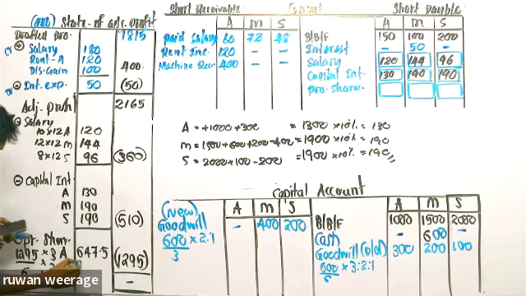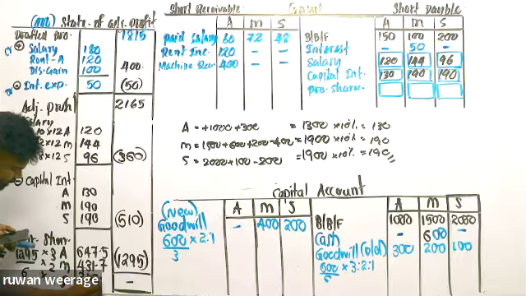Round off these small decimal figures. 431.7, 215.8.